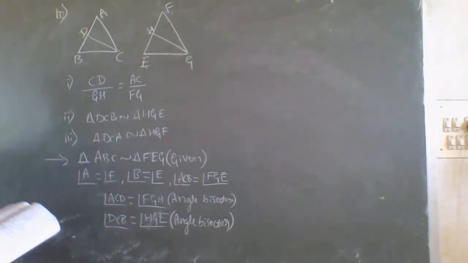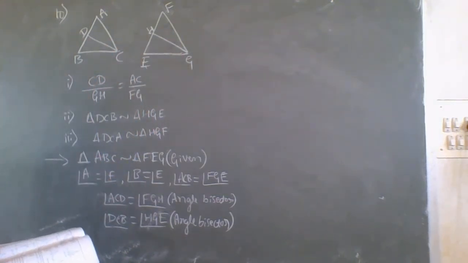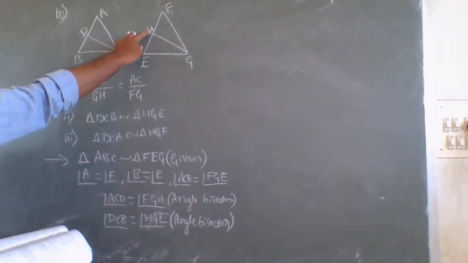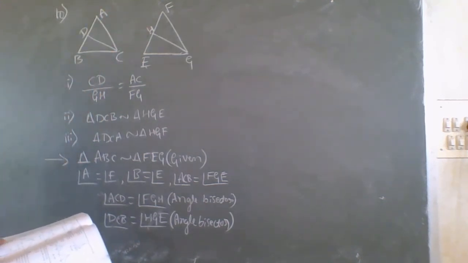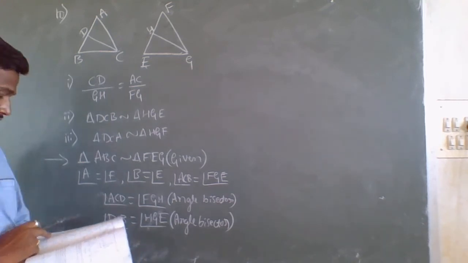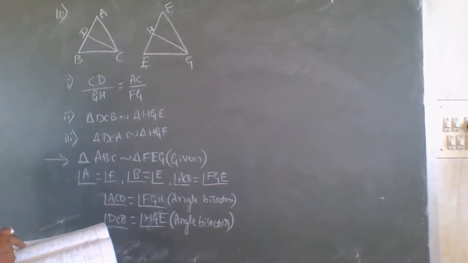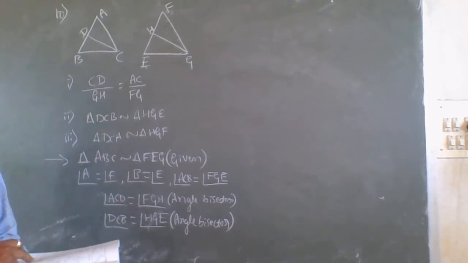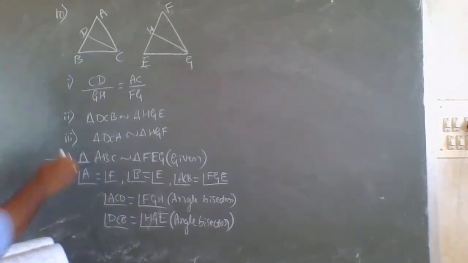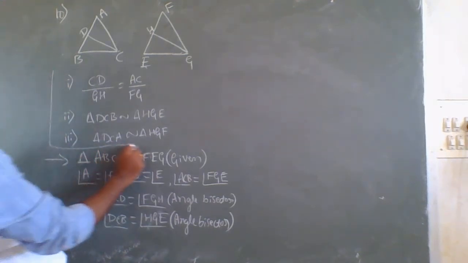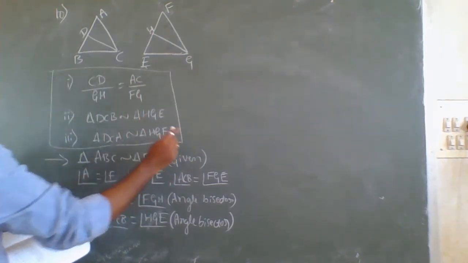These two are angle bisectors such that D and H lie on the sides AB and EF of triangle ABC and triangle FEG respectively. If triangle ABC is similar to triangle FEG, we have to prove these three.